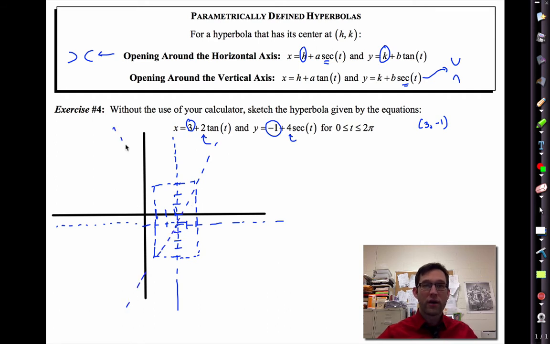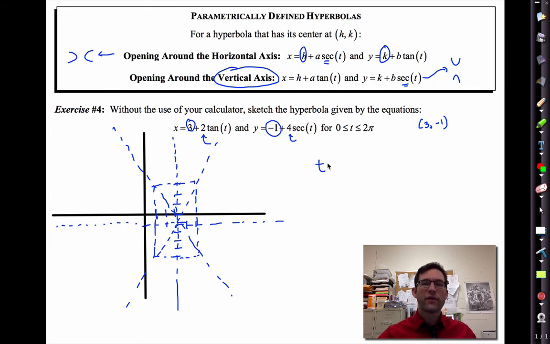We can now draw in our slant asymptotes. Remember, everything's dashed at this point. All right. Now the final question is, which way is it drawn? Based on the fact that you can sort of look up at that box, we could say, well, it's being drawn vertically. But let me give you another way to do it.